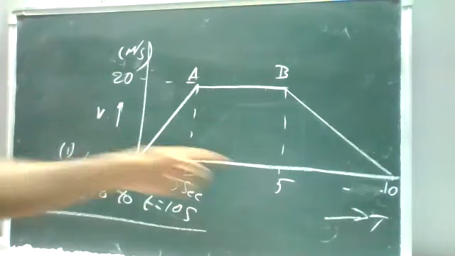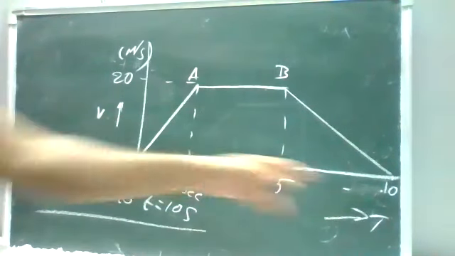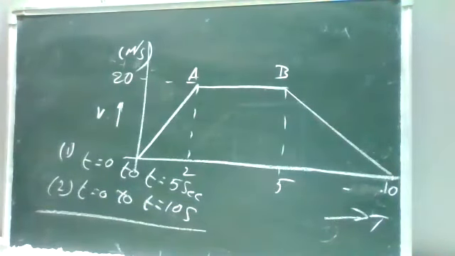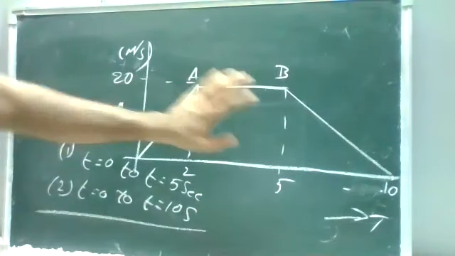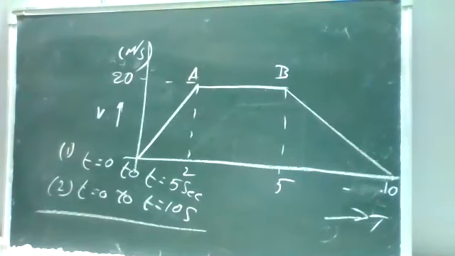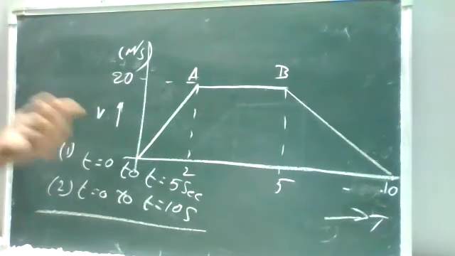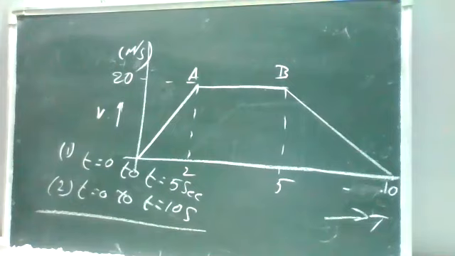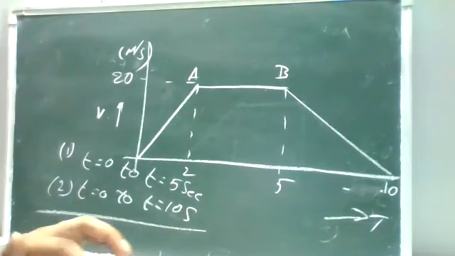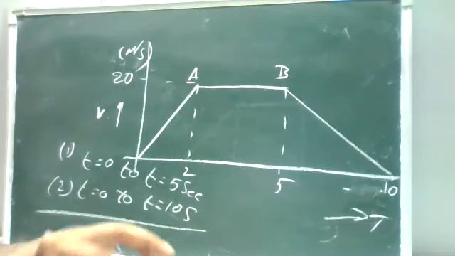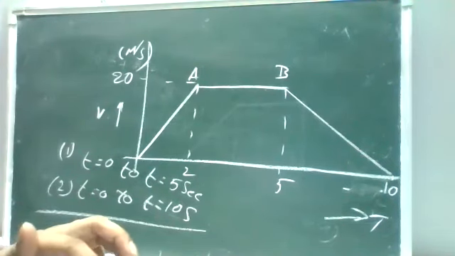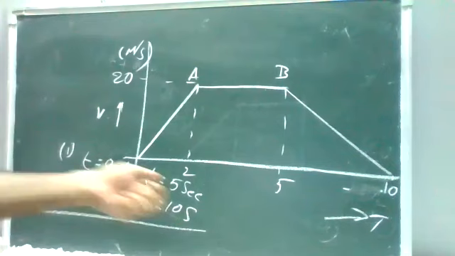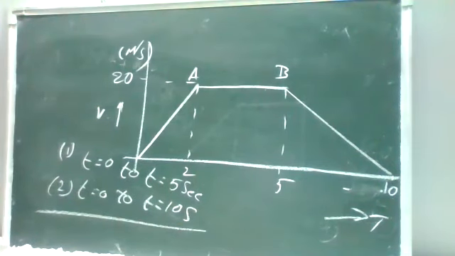These are the 3 different areas I split: area of a triangle, area of a rectangle, and area of a triangle. You're going to add all the displacements. First try between 0 and 5 seconds, then 0 and 10 seconds. Try it.